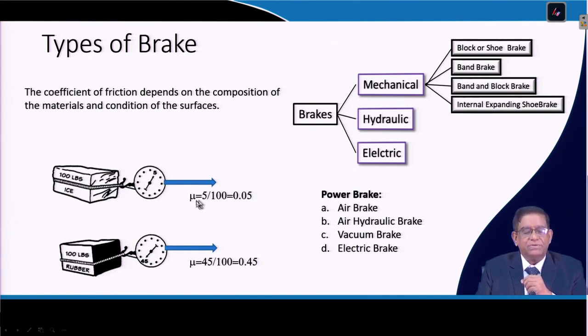You can find the coefficient of friction with the 100 pound normal load kept over there, but to move that thing requires only 5. That's because the coefficient of friction is very low.